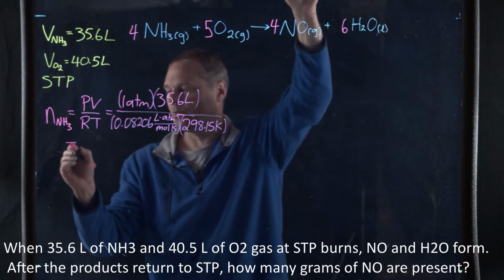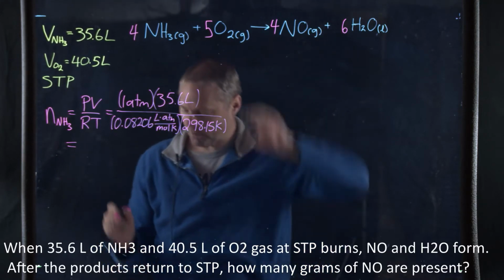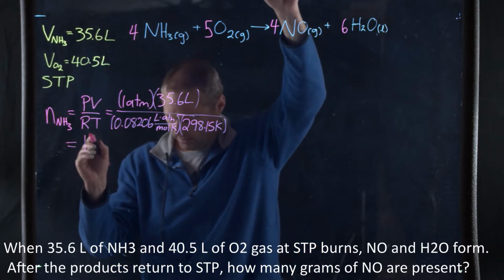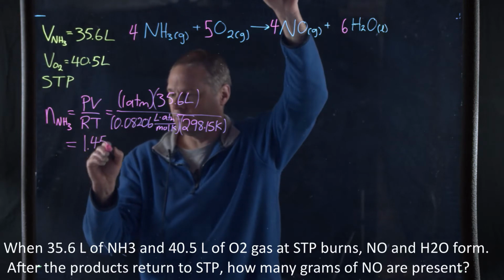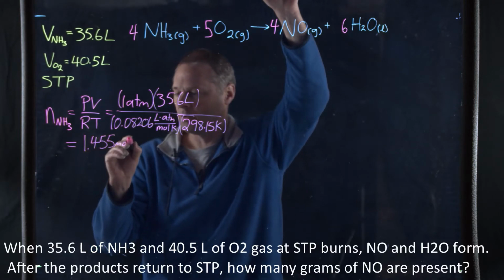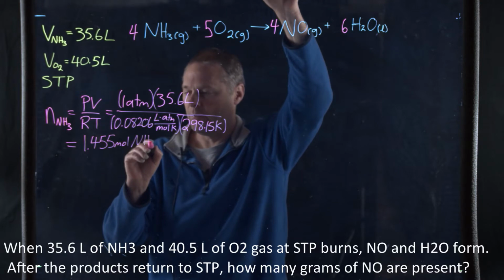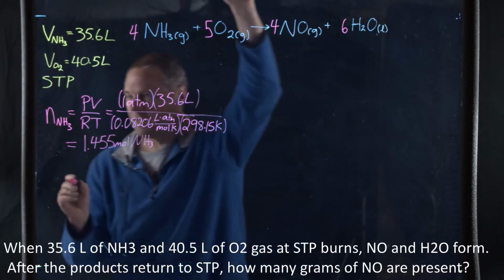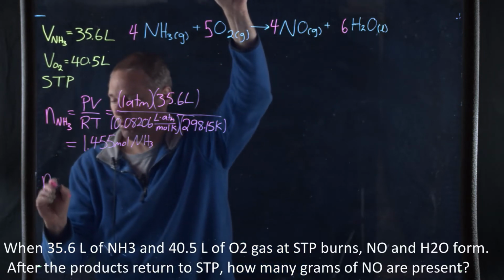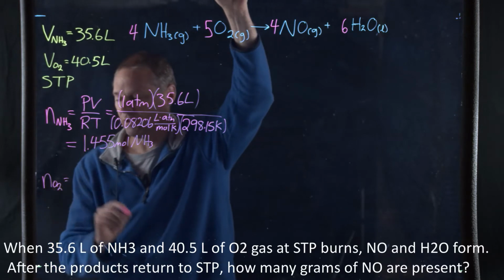And so we do this arithmetic, and what we end up with is 1.455 moles of ammonia.